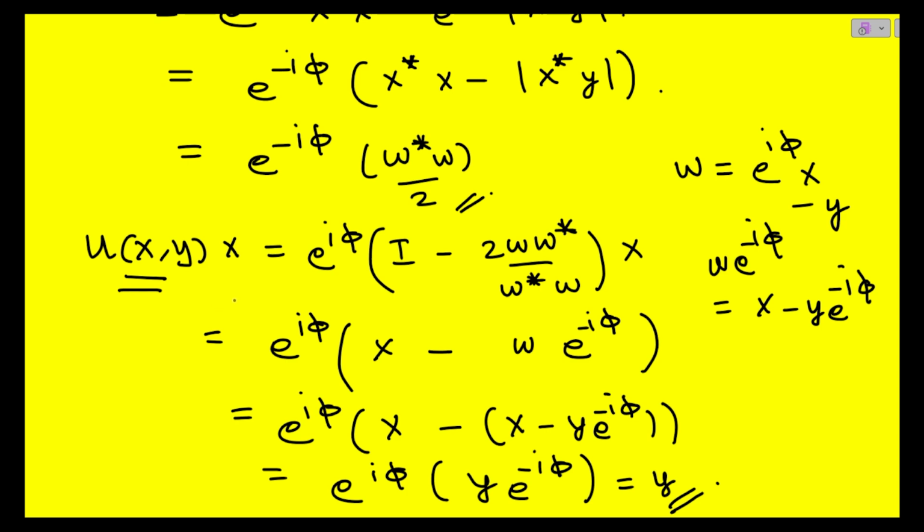We conclude that the lemma is true: if you're given two vectors x and y in C^n, by that I mean the vector space formed by n-tuples of complex numbers, if the norms are the same, then you will always have a unitary matrix which is going to transform x to y. It is always guaranteed. So there's a unitary matrix which can transform x to y.